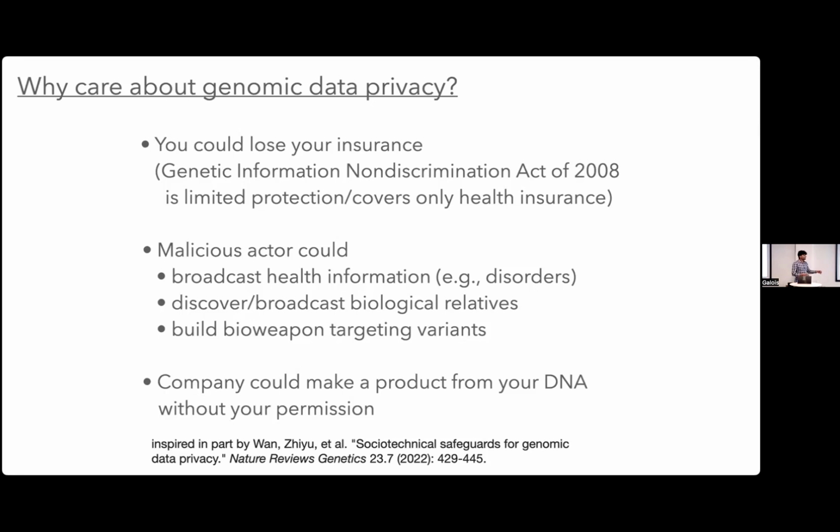Maybe a company could make a product from your DNA without your permission. You can imagine, say, a company advertising making your baby look like a celebrity and not getting the celebrity's permission to access their DNA. So this is all very murky territory. So it seems prudent to practice a principle of least privilege when it comes to genomic data access.